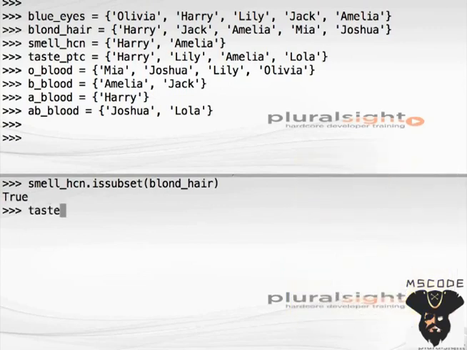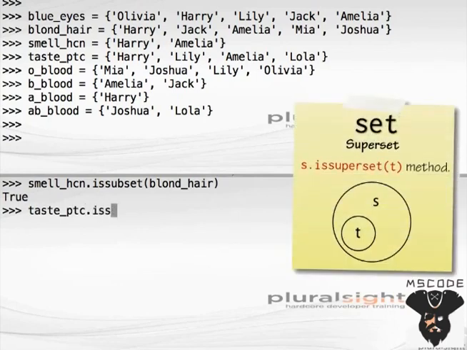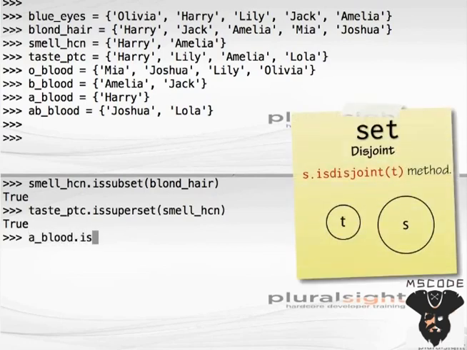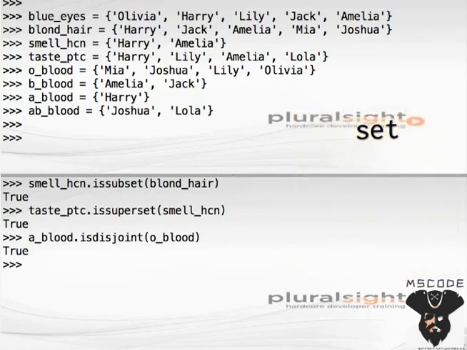To test whether all of the people who can taste phenyl thiocarbamide can also taste hydrogen cyanide, use the isSuperset method. To test that two sets have no members in common, use the isDisjoint method. For example, your blood type is either A or O, never both. We encourage you to experiment with these methods and become comfortable using them. They can make for some very elegant solutions.